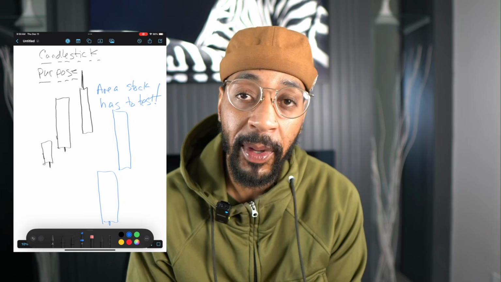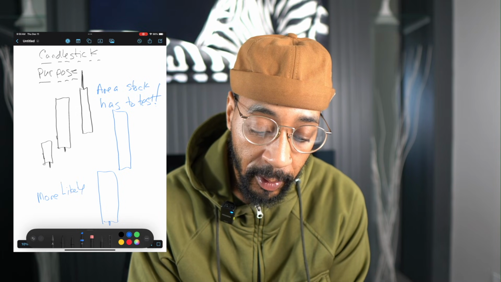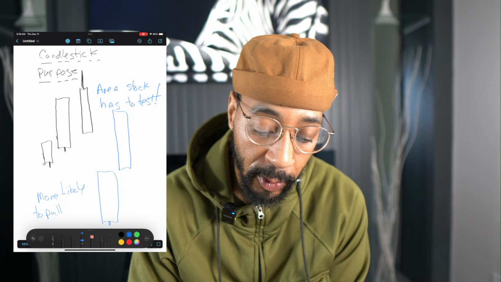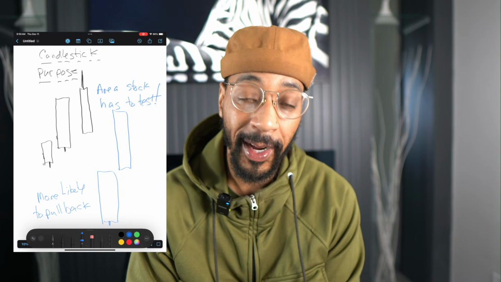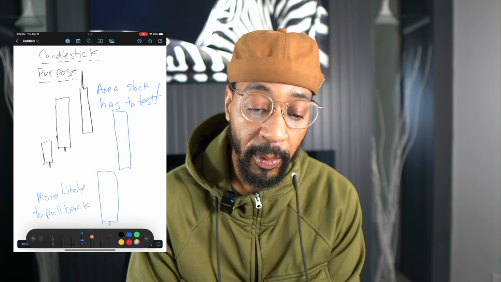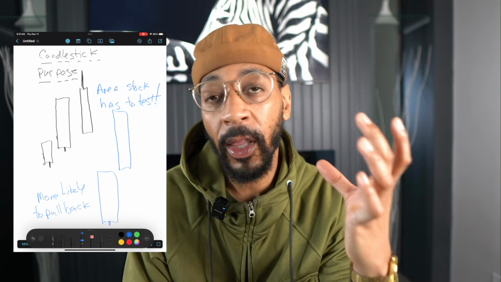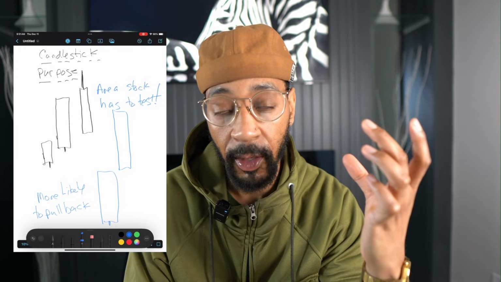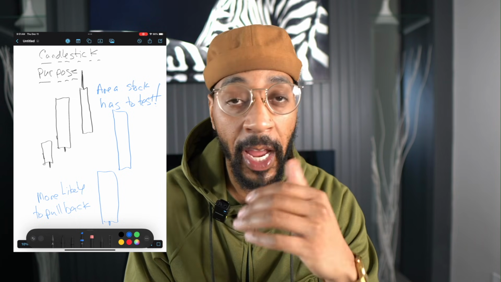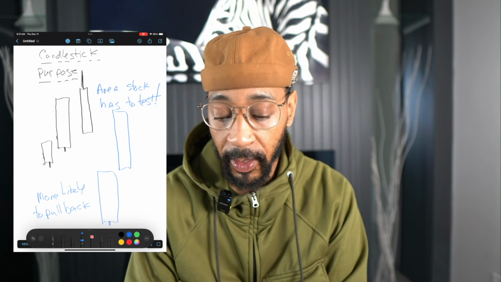If an area has not been tested, it is more likely to pull back. All right? So remember, the bigger the candlesticks, the more likely there's going to be a pullback. The smaller the candlesticks, the more likely that area has been tested, so then we can start going up or down from that area. All right? So that's the purpose of these candlesticks.